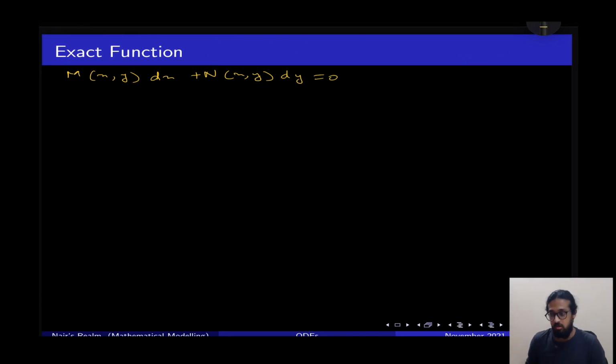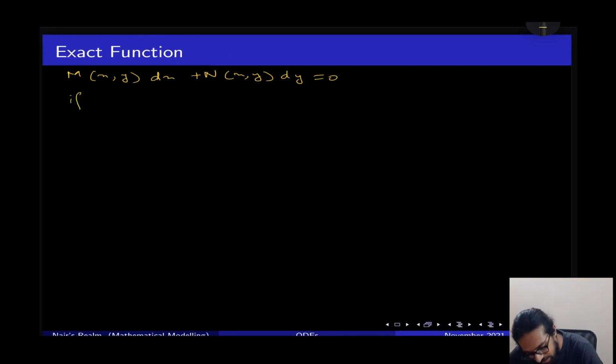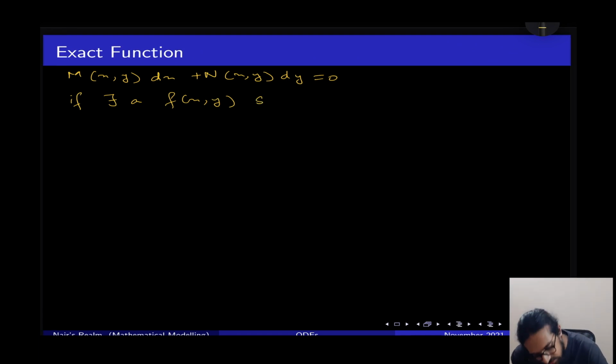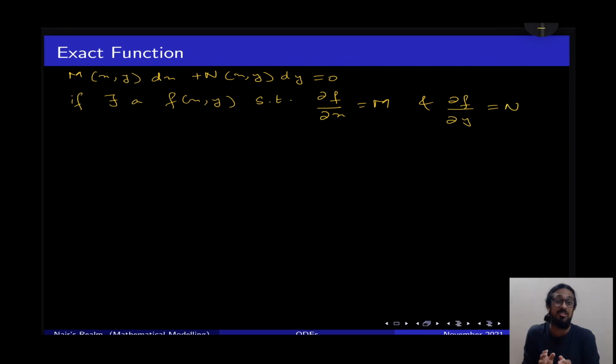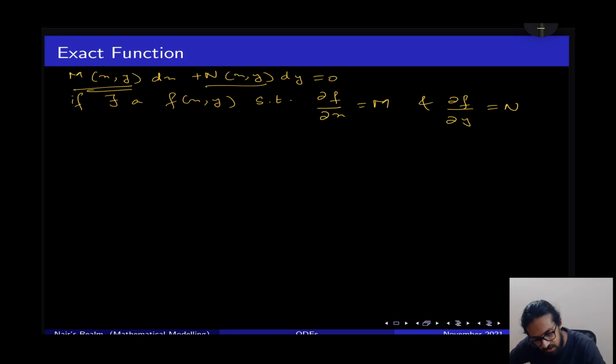What we basically try to say is, for it to be an exact differential equation, there must exist a function f of x comma y such that dou f by dou x is equal to m and dou f by dou y is equal to n, which means the partial derivative of that function with respect to x is our function m here and with respect to y is the function n here.